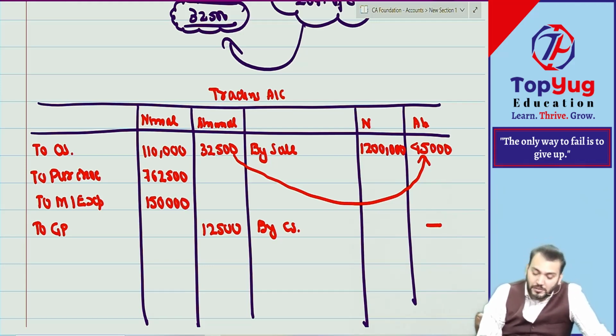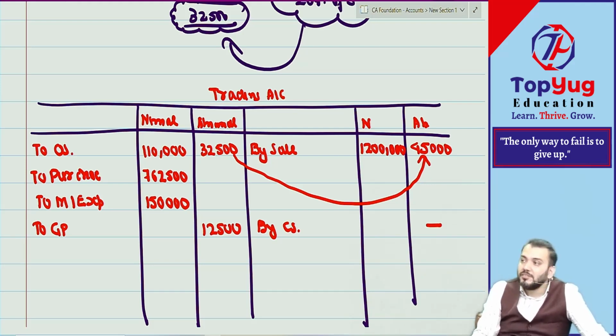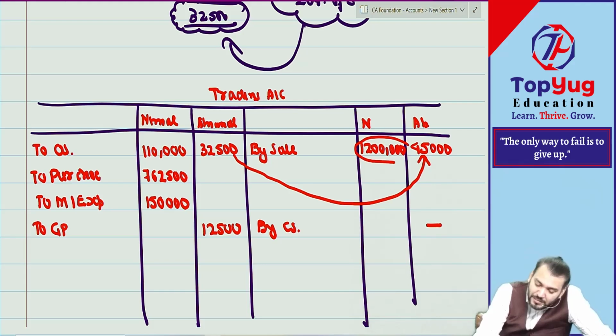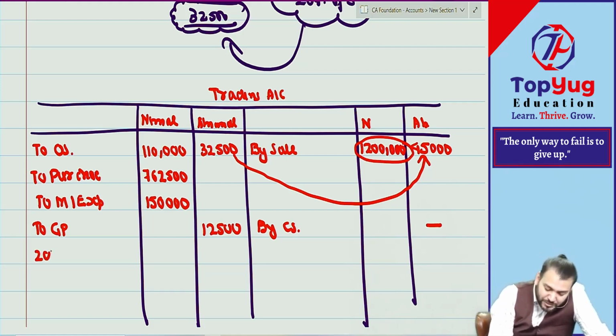Correct. Now we know the GP margin on normal goods. What is the normal GP margin? They are saying that they earned a profit of 20% on sales. Sales is given, so we can apply 20% on sales. 20% of what? 12 lakh.